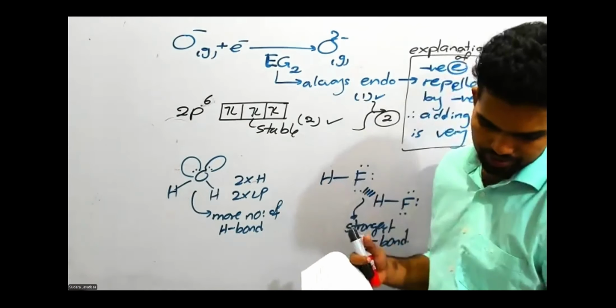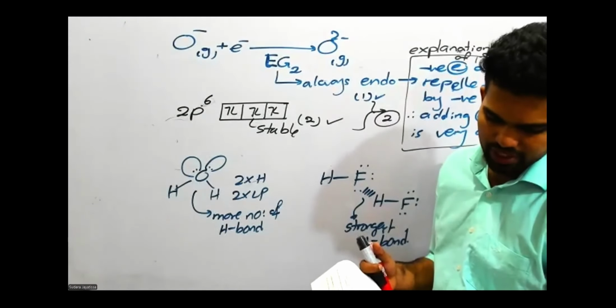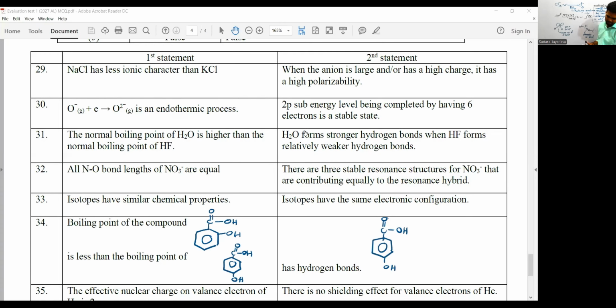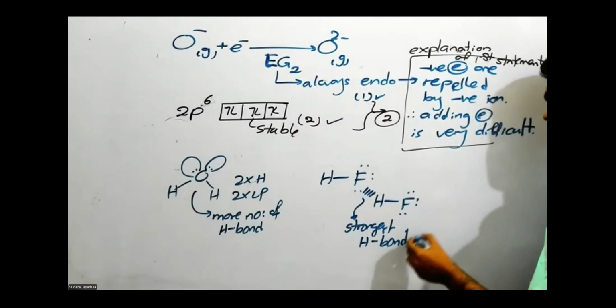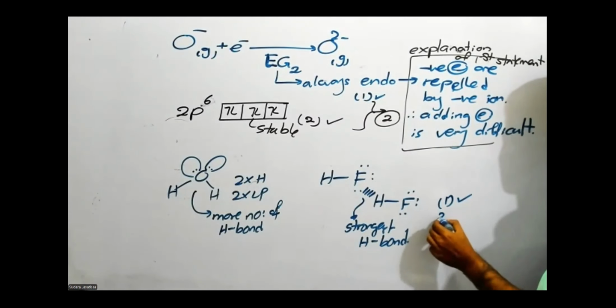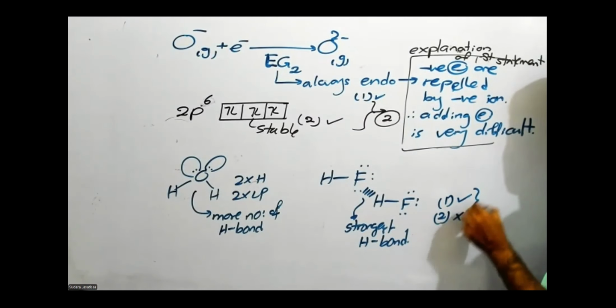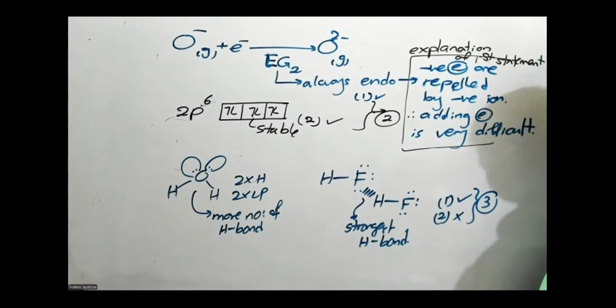We know the first statement is correct, and we know the reason. The second statement is telling that water forms stronger hydrogen bonds when HF forms relatively weaker ones. That's wrong. So the first statement is correct, the second one is wrong. Answer is going to be answer 3.